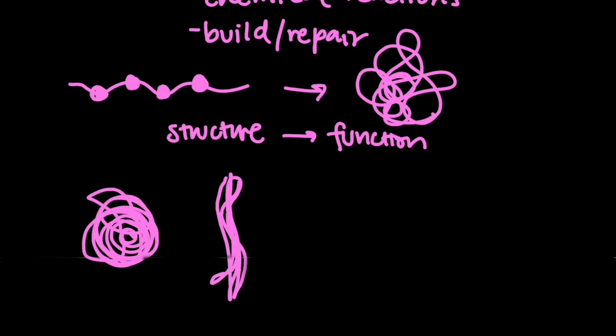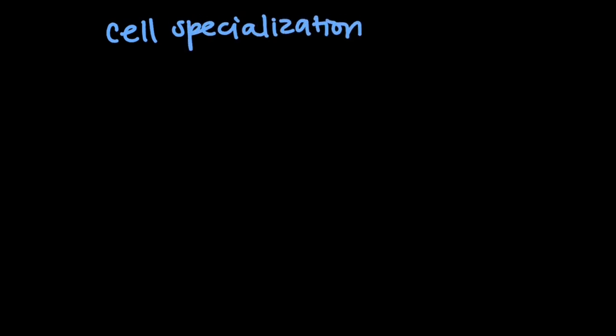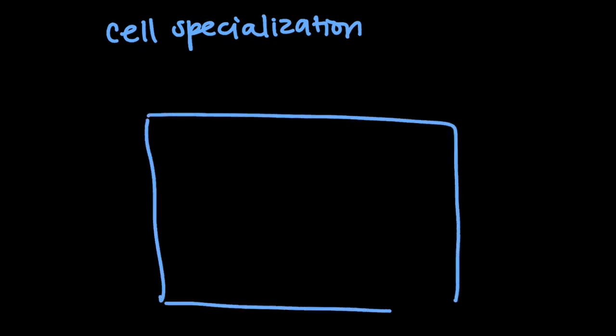Okay, so now that we've talked about proteins, let's zoom back out to analyze how different types of cells come together to carry out a variety of functions in an organism. This is where cell specialization comes into play, which is the process by which a cell takes on a specific structure and function. So, to better help understand this concept, let's consider a movie theater analogy, where the movie theater is your body.